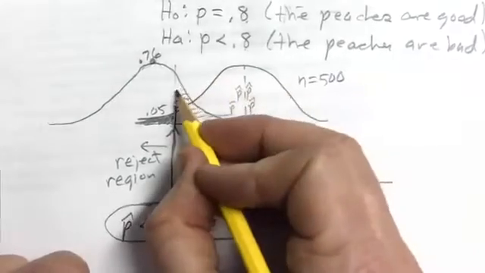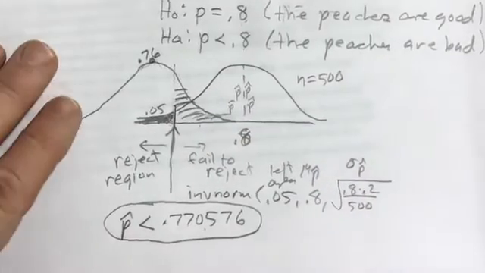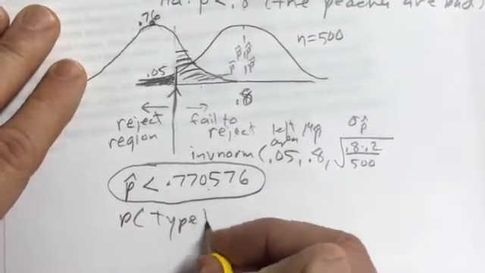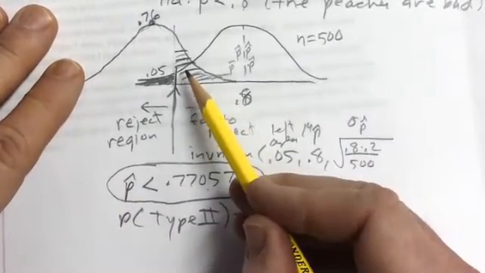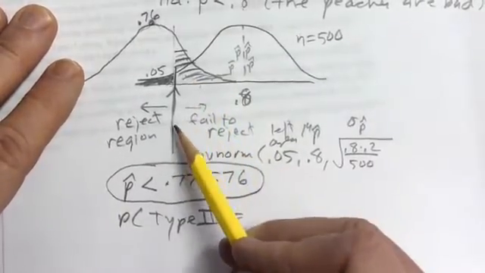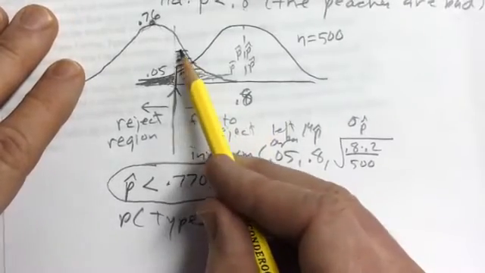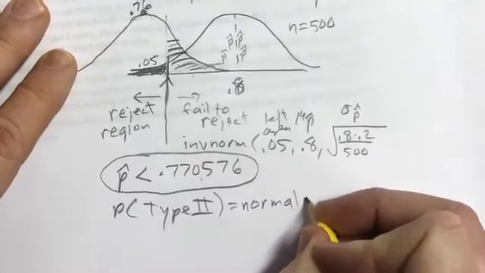And so how do we find the probability of type 2 error? The probability of type 2 error is the area of the bad curve that falls in the fail to reject region of the other curve. And how can we find the area of a normal curve? It's normal CDF, just like we've been doing since chapter 2.